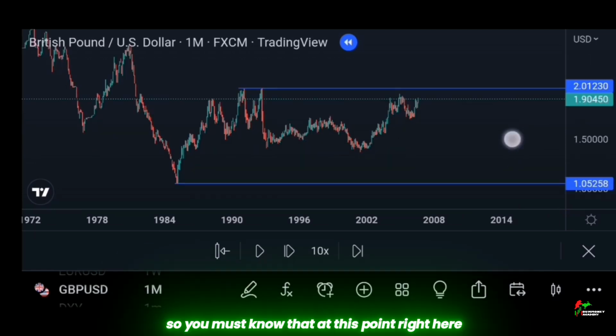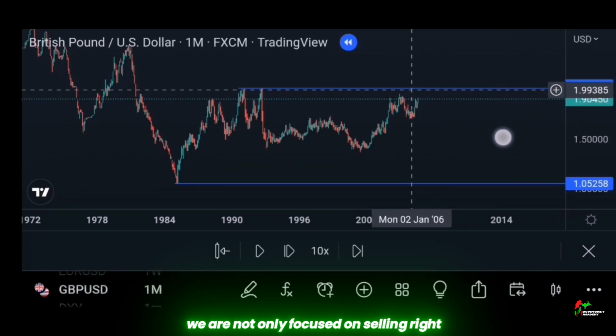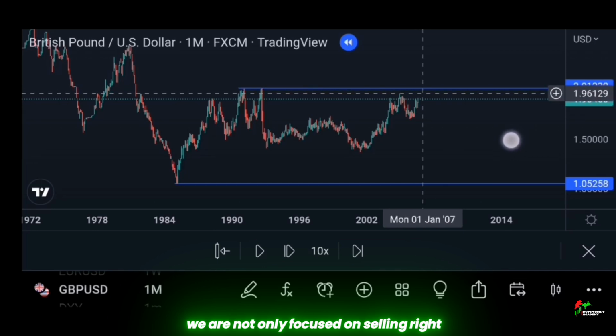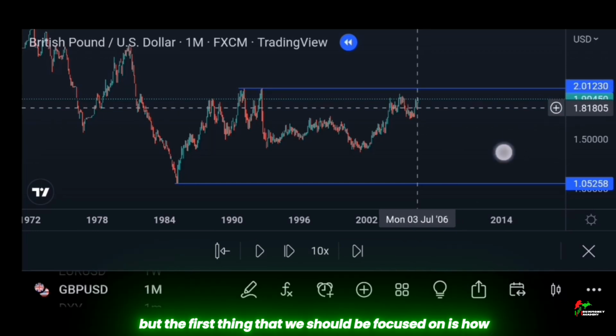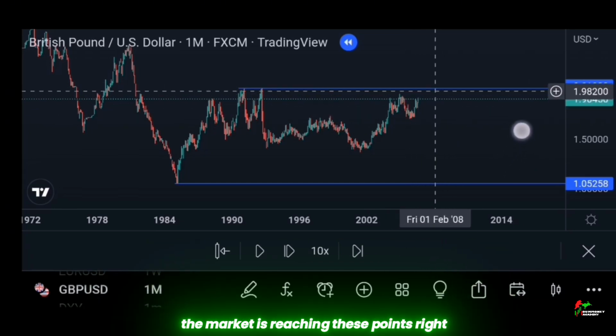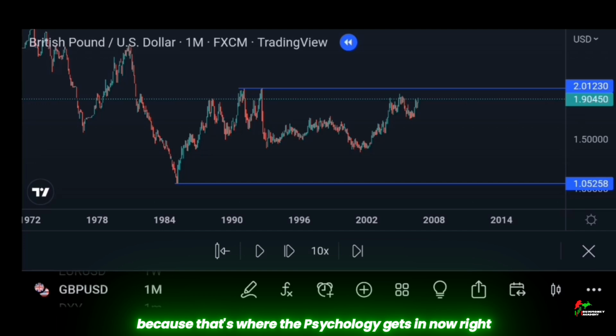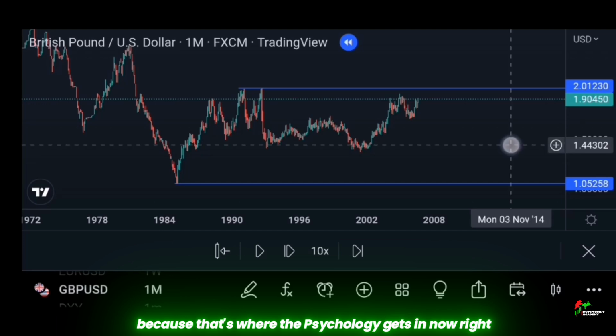At this point, we are not only focused on selling, but the first thing we should be focused on is how the market is reaching these points, because that's where the physiology comes in.